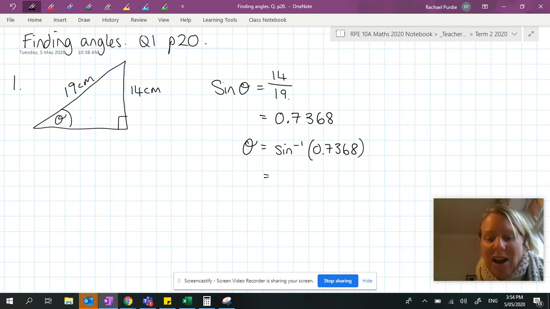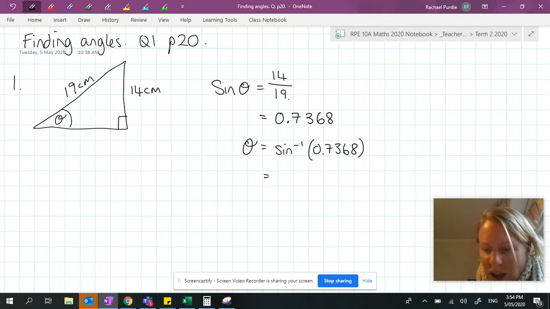It's like undoing sine. So on my calculator on my phone, there it is. I do shift sine of my answer, and I just have to remember that long number, 0.7368.